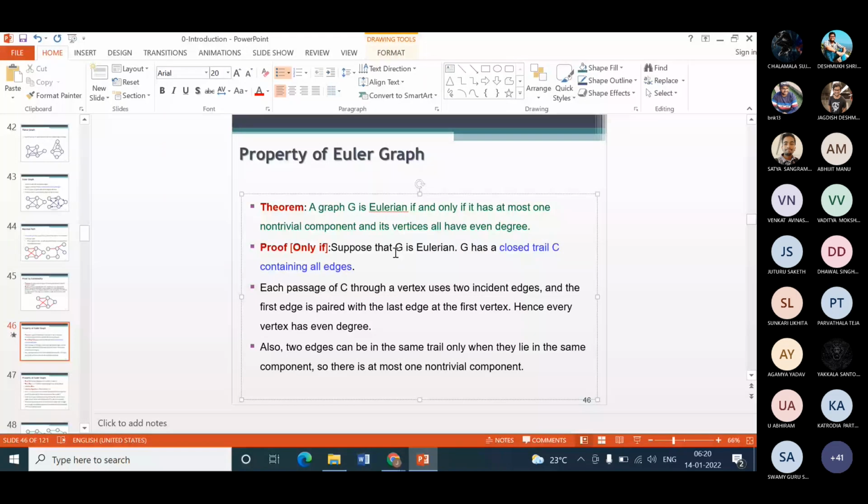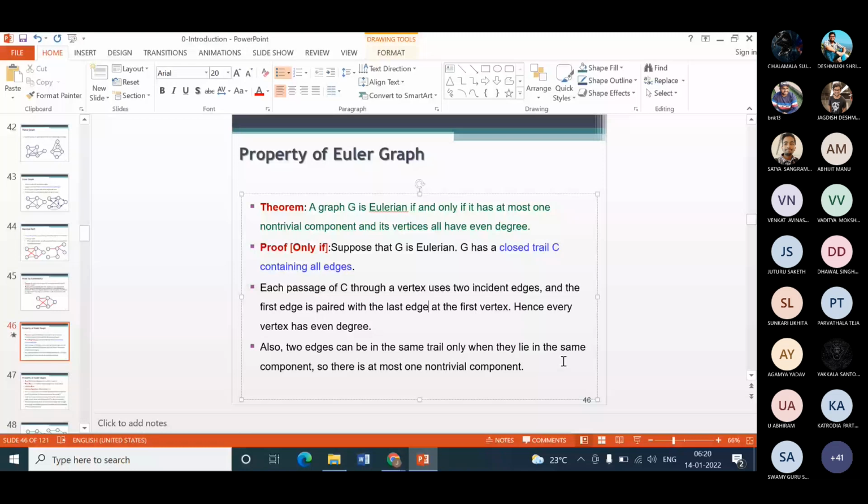Since G is Eulerian, G has a closed trail C containing all the edges. It is very important. Since all the edges are in the closed trail, they must be in the same component. It talks about a single trail, which will consider all the edges, so definitely it is only possible if they are in the same component. And that component must be non-trivial because we are talking about edges.